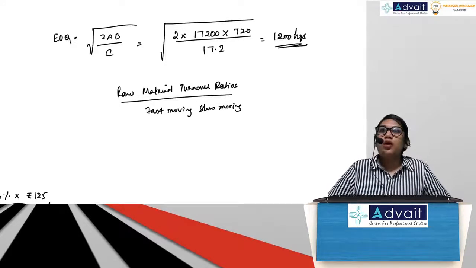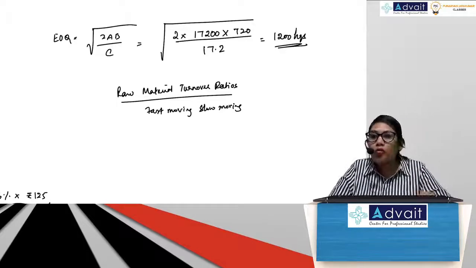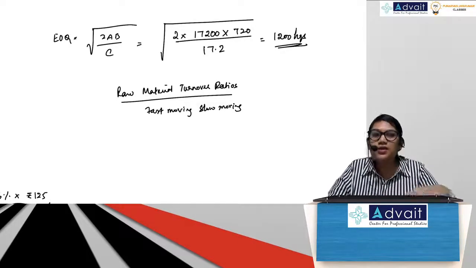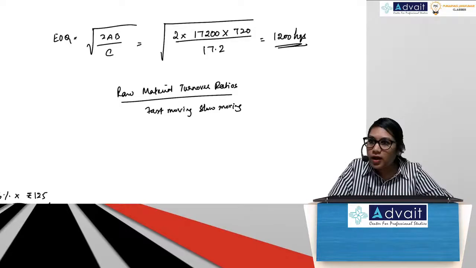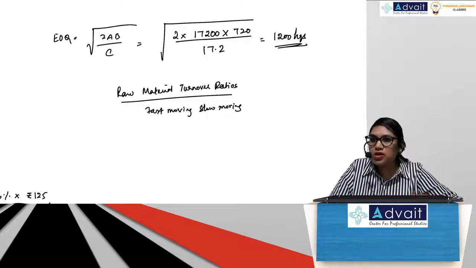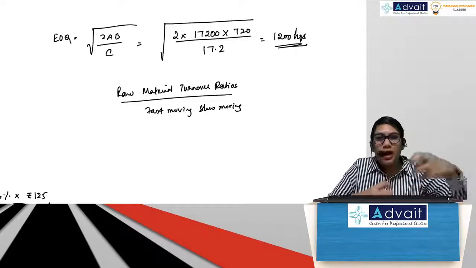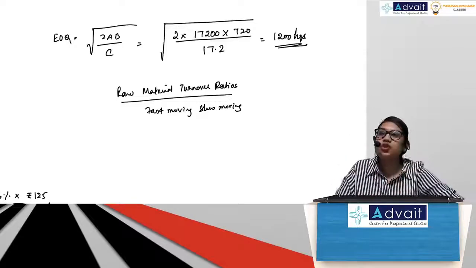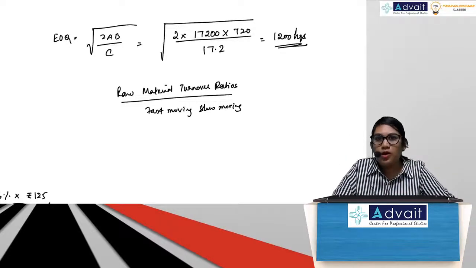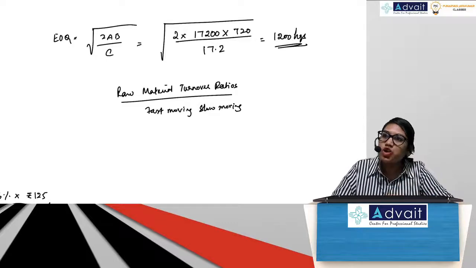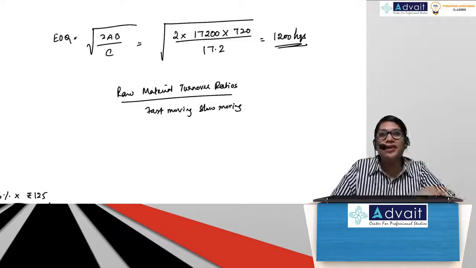If your material is slow moving, it is brought into the warehouse and sits there. The frequency of it coming into the warehouse and going in for production is very, very less, which means you're simply buying the material and stacking it there.